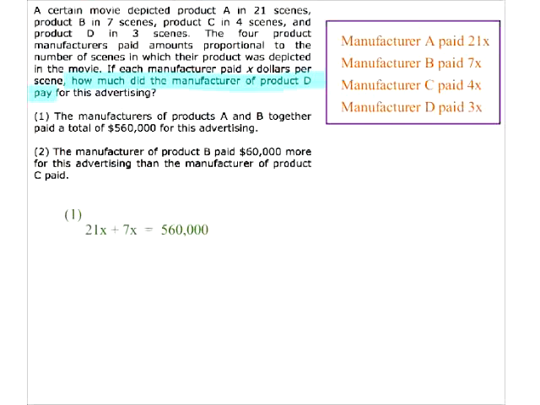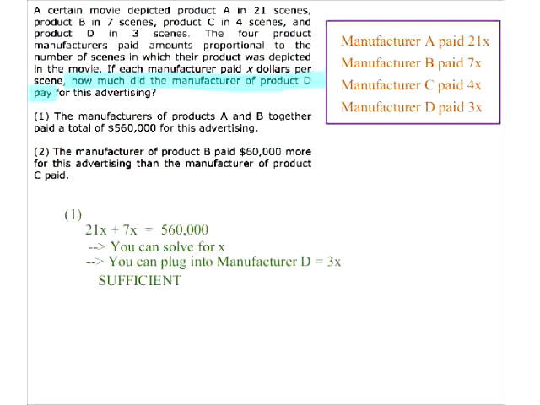If we have this equation, you don't actually have to solve for x. You can just say you can solve for x, and as soon as you realize that, you don't have to do it. Once you have x, you can plug into manufacturer D, which we know spent 3x. So you're going to have a number for this, so this is sufficient.